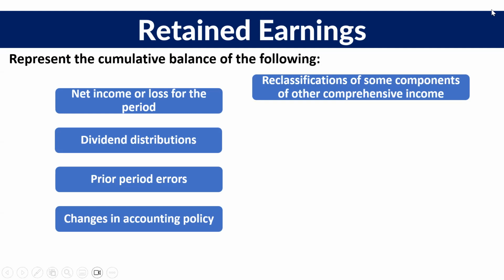And then we have here reclassifications of some components of other comprehensive income. So I hope you can still recall the items under OCI, other comprehensive income. One very good example of this is revaluation surplus.